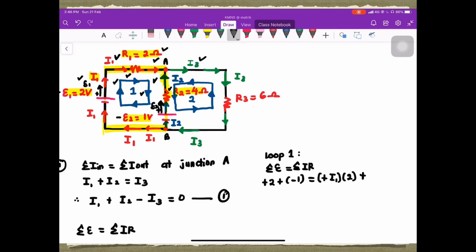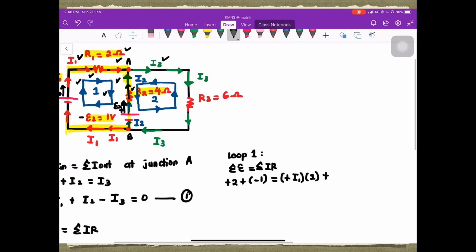I2 is upward, but the nearest loop is downward, so different. So we write negative I2 times 4 ohm.